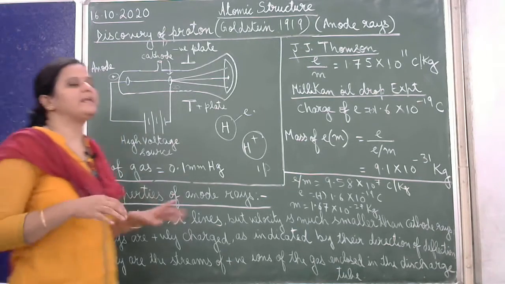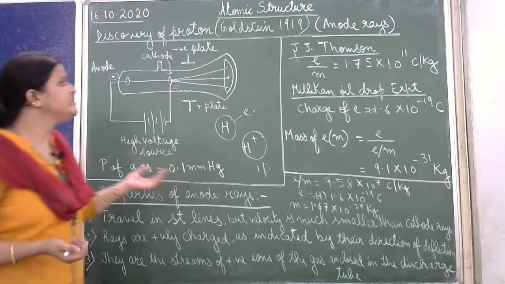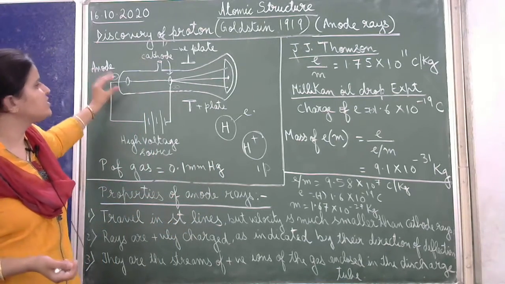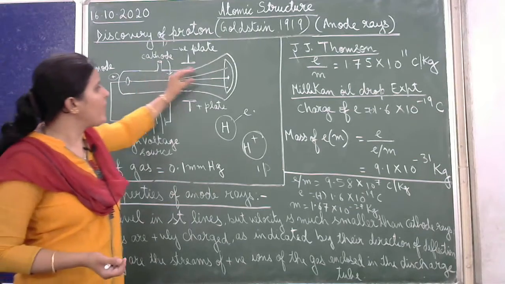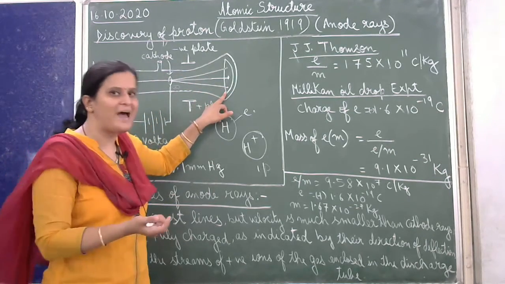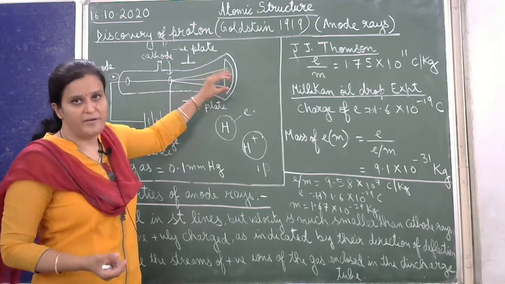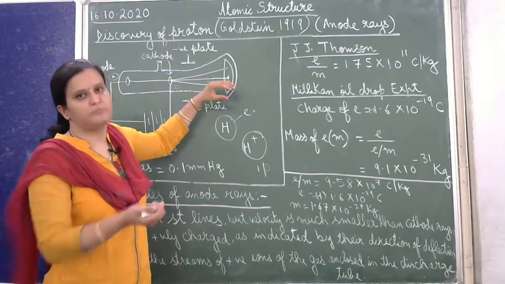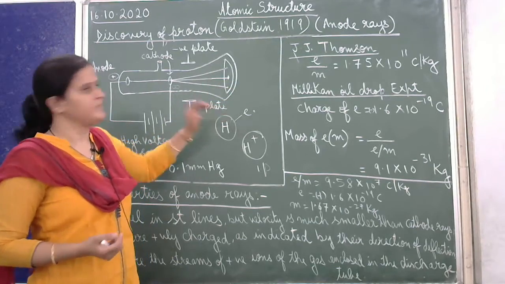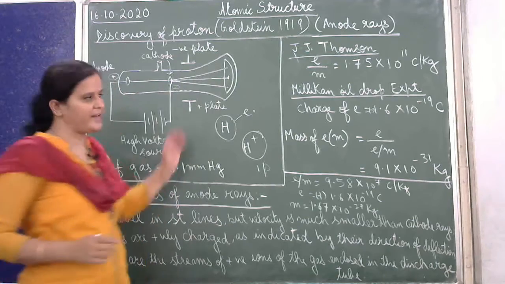Okay. Similarly, when he applied a magnetic field, he saw that the deflection of these anode rays was in the opposite direction, which would be the same as when any positively charged ray is subjected to a magnetic field. The direction was the same, that it will move in this particular direction.